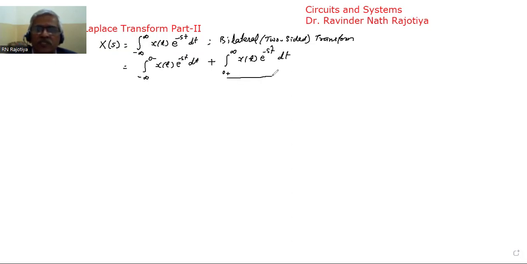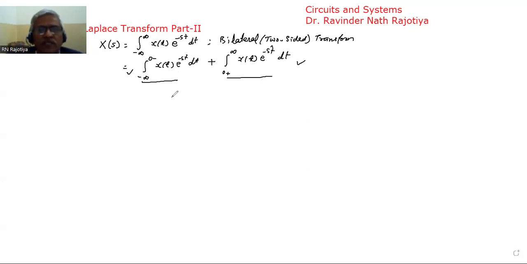So this is the right side part of it, and this is the left side. So X(s) is a combination of the right and the left sided. So this is known as a right sided transform, and this is known as a left sided transform.